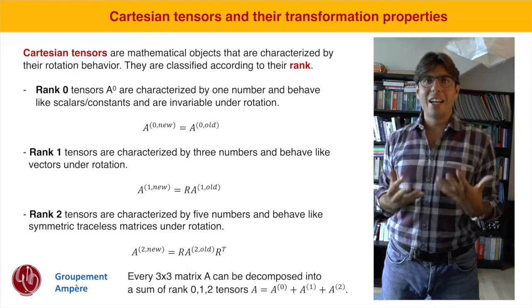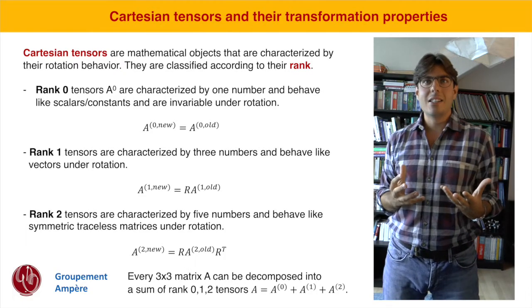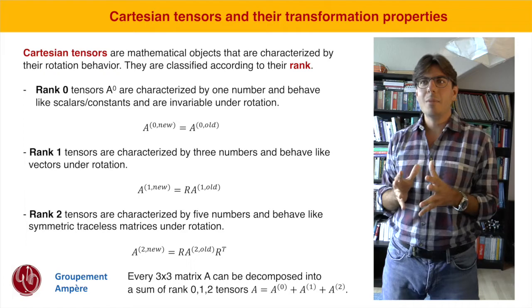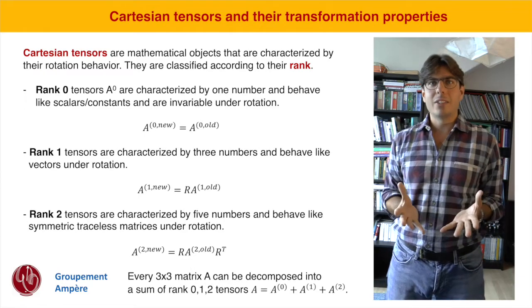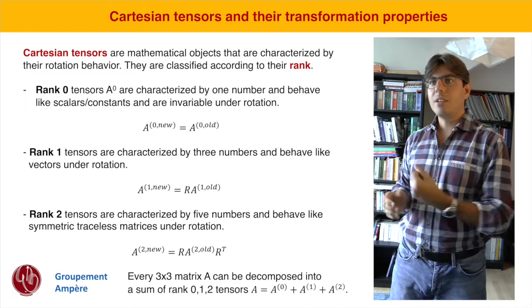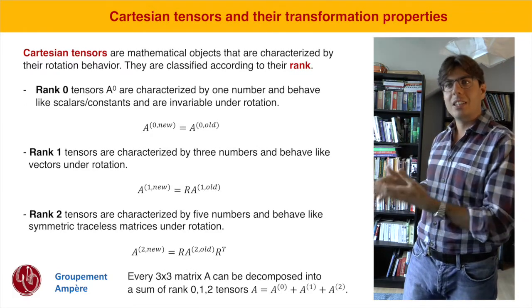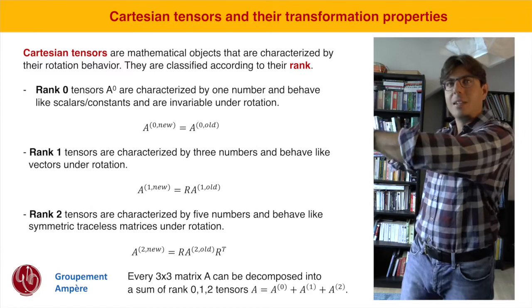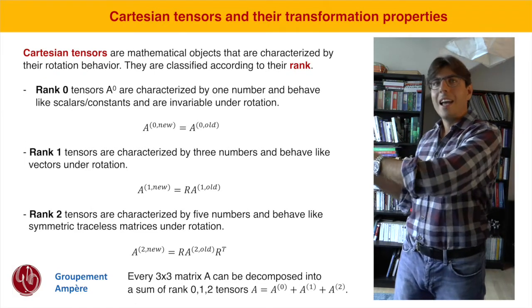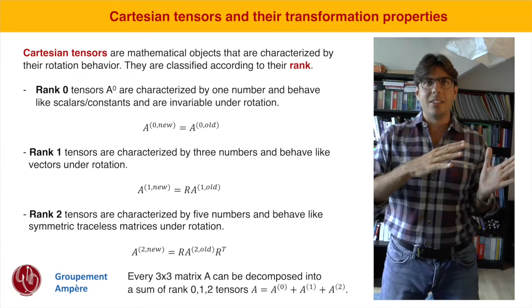And then we have rank 1 tensors, and rank 1 tensors are actually characterized by 3 numbers as, for example, a vector. And a vector, how does it rotate? Well, you just take your rotation matrix. We have learned this in the previous videos. You take the rotation matrix, you make the multiplication with your vector, and then you obtain the rotated vector.